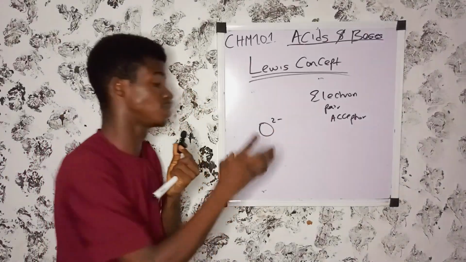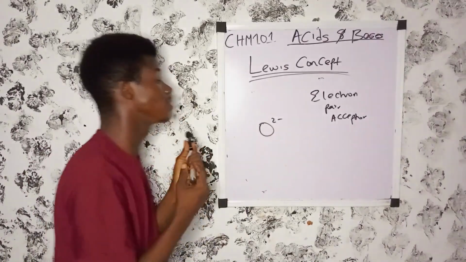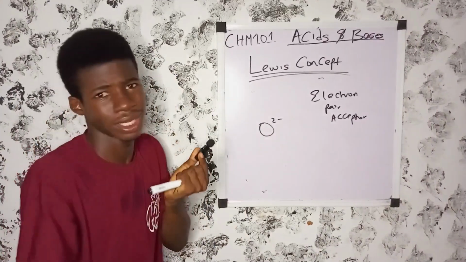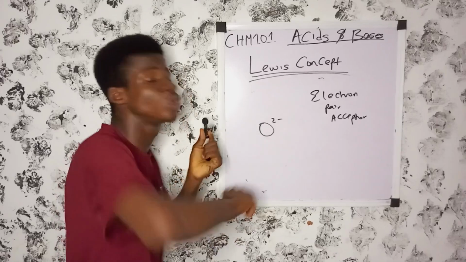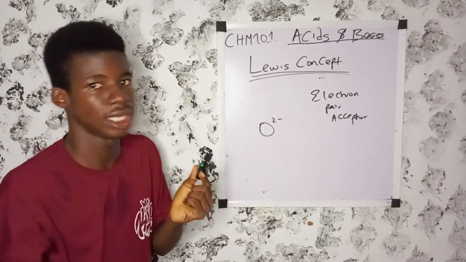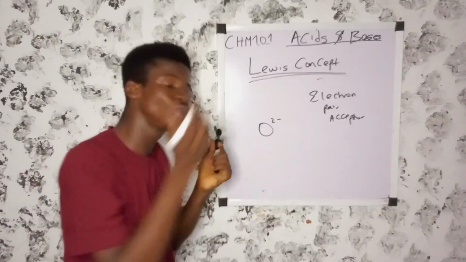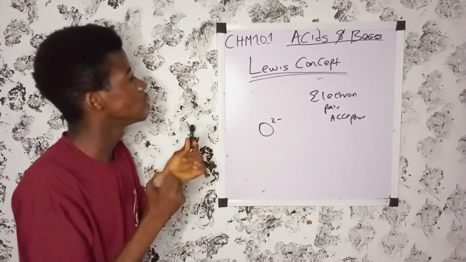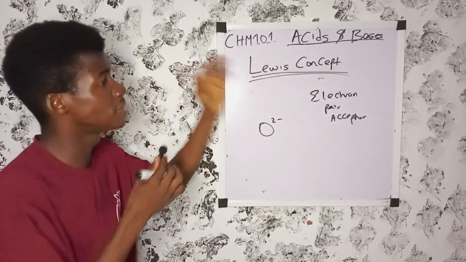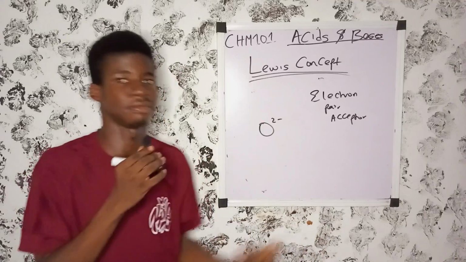So therefore, O2 minus is a Lewis base because it has many electrons and is capable of donating two electrons. So that is all about the Lewis concept of acids and bases.